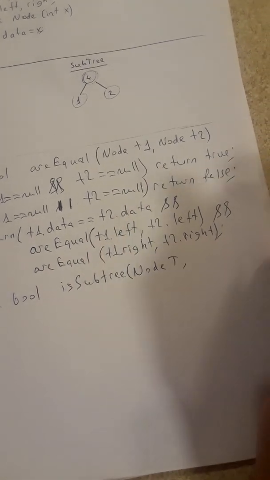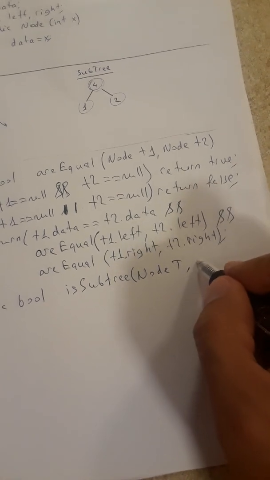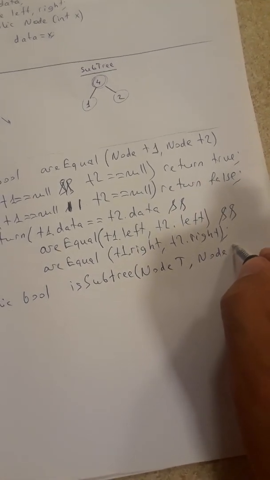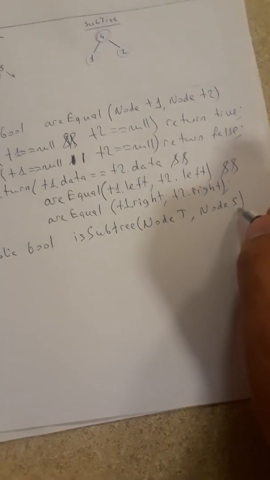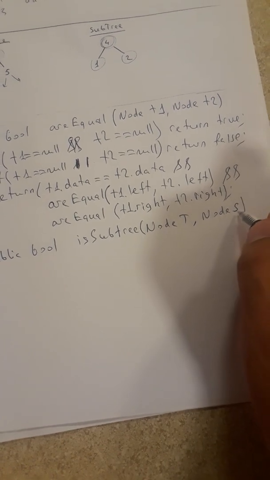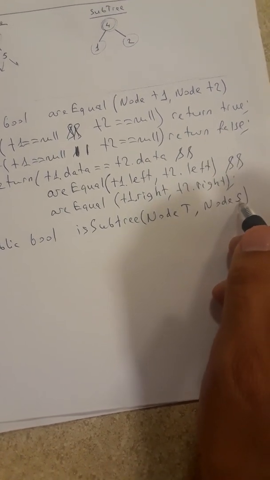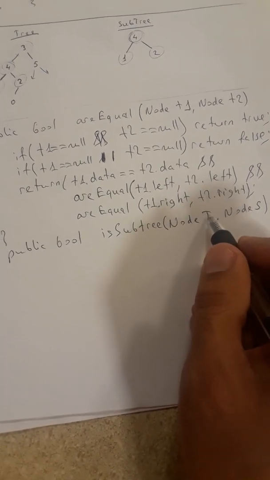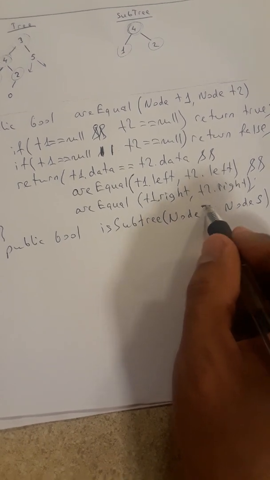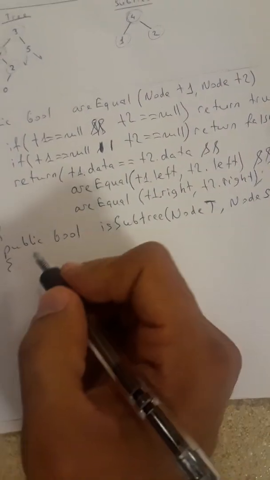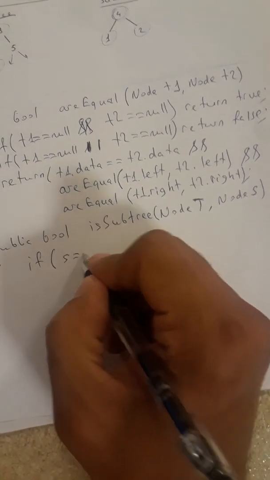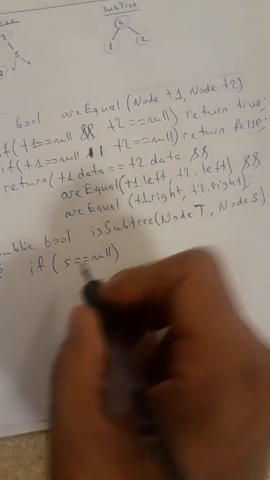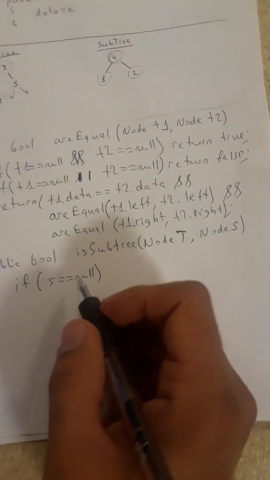Here we are given node T, the original one, and node S, which will be the smaller tree, which we will be checking if it's a subtree of the given main tree, which is T. So here I will check if at some point our S value is null.